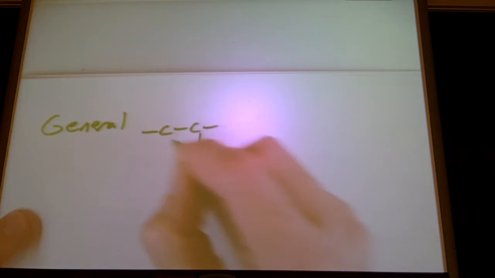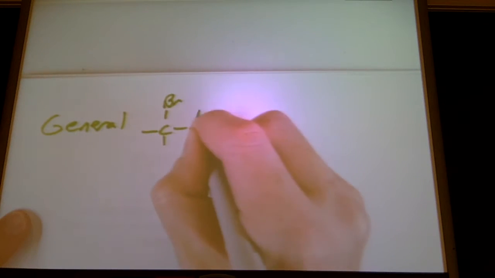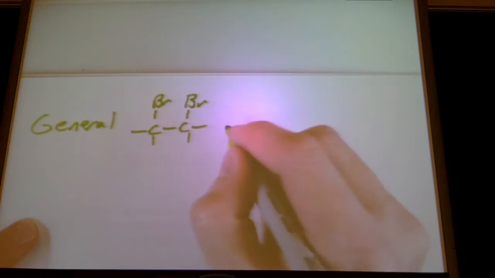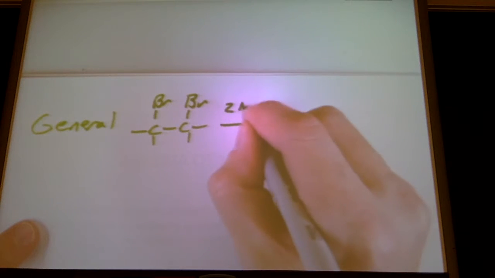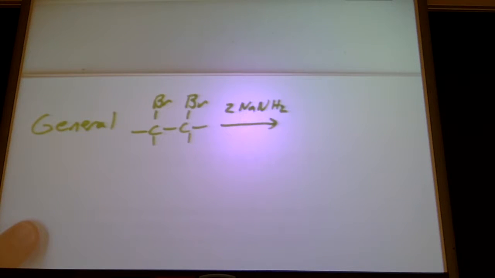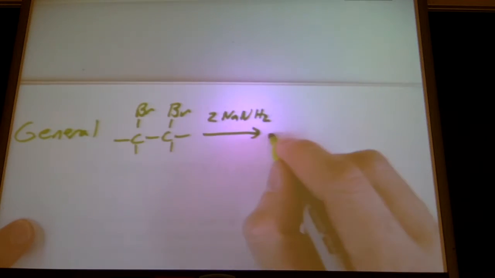So the generalized reaction for that is you have a dihalide. You treat that with 2 molar equivalents of base to form your triple bond.